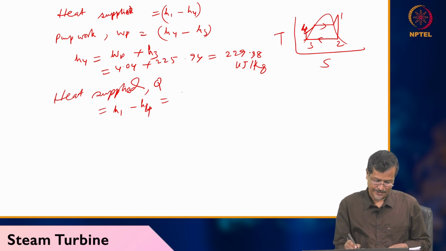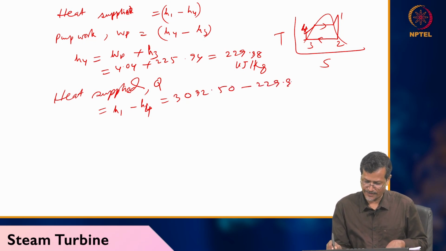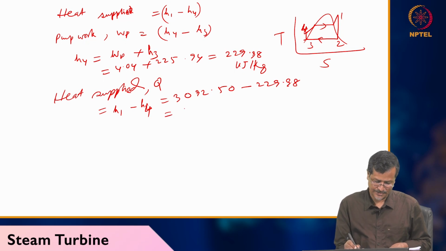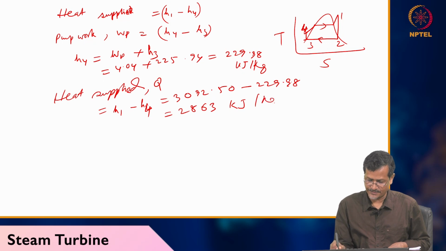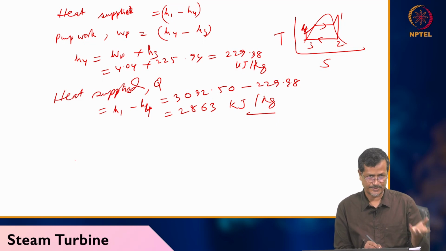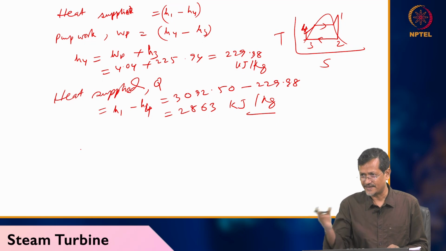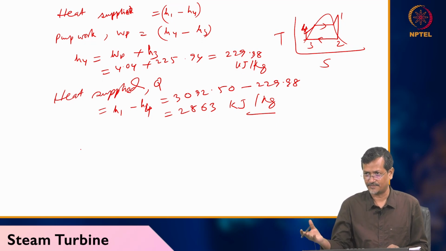So H1 is 3092.50 minus H4, which is 229.98. So this is giving 2863 kJ per kg. Okay, now if I give mass flow rate, then actually you can get total energy, how much you are supplying or how much you are getting, because mass flow is not given. So that's why we are calculating based on per kg of mass or steam.